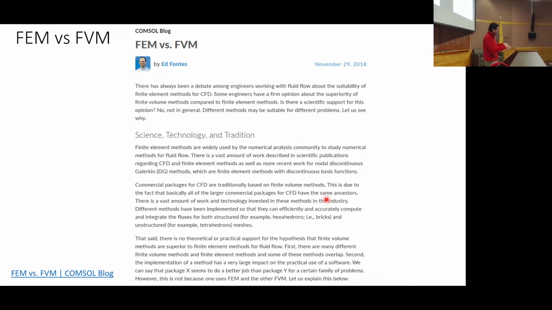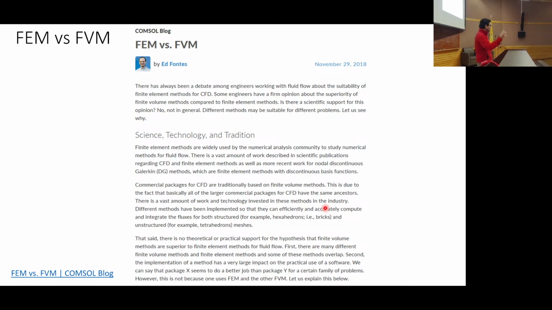Right? And that's what COMSOL is saying. What does ANSYS do? Well, it allows us to use finite elements like we were doing for thermal problems, and it also has another package that it bought called Fluent. And Fluent uses the finite volume.